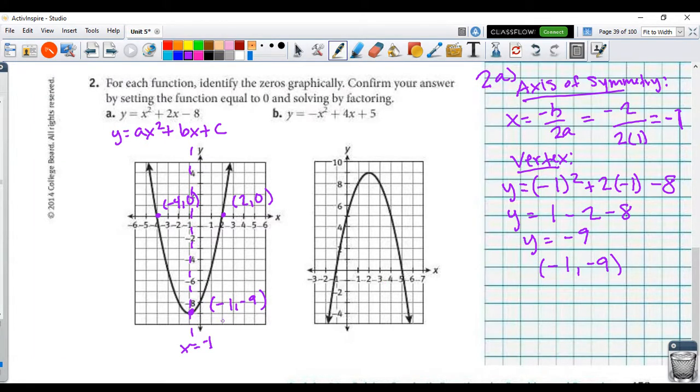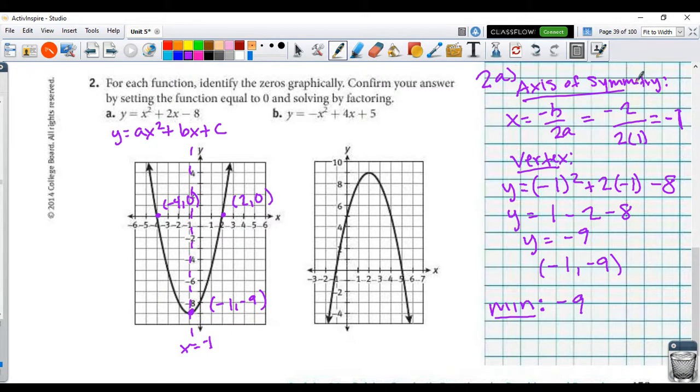We know it's correct. And now we want to look at the graph and find the minimum or maximum. So if we look at this function, it has a lowest point, so we know that that's going to be a minimum value. So our minimum on this function is the lowest value, which is -9.